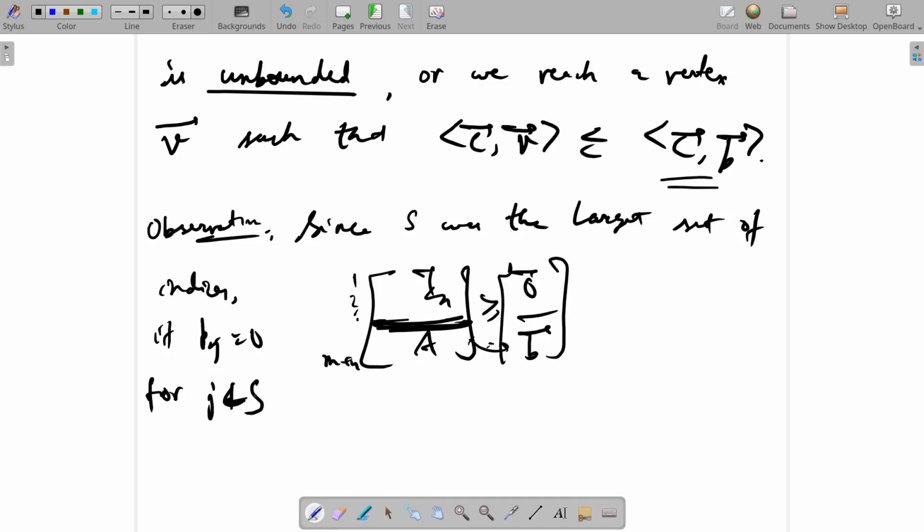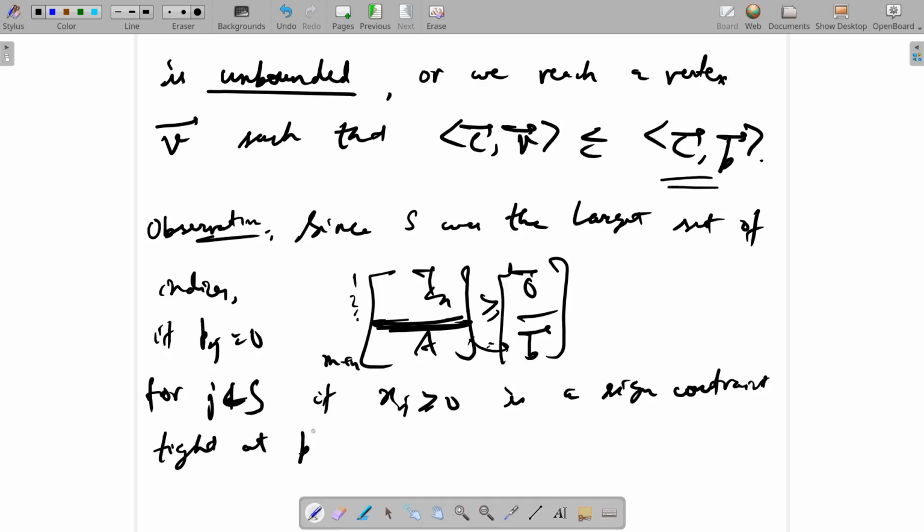So if j is not in S, if Pj is 0 for j not in S, that is, if xj bigger than or equal to 0 is a sign constraint which is tight at P, then it must be linearly dependent on the tight constraints S.